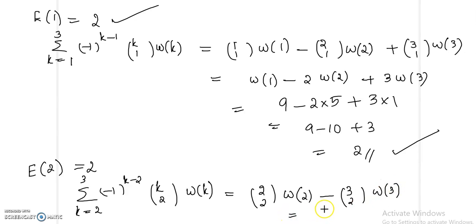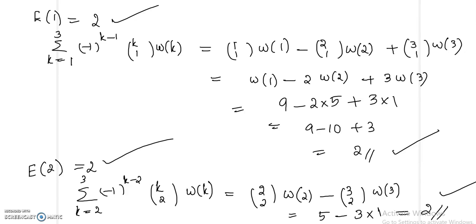So omega of 2 is 5, minus 3C2 which is 3, into omega of 3 which is 1, so that will be equal to 2. So E of 2 is 2. Similarly, the principle holds here too.